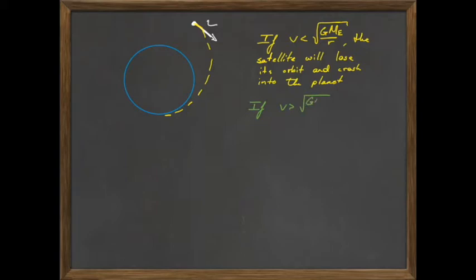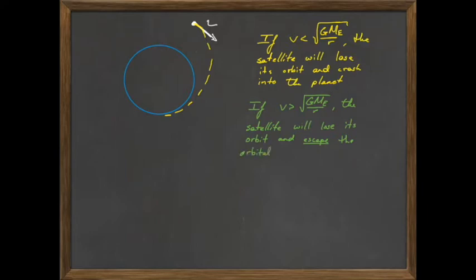At the same time, if we make v larger than that expression, then it's moving too fast to stay in that orbit, and it'll start to move outward from the central mass. Eventually it'll get far enough out that that speed will be enough to stabilize an orbit. So if it's going too fast, it'll spiral outward until it finds a stable orbit.